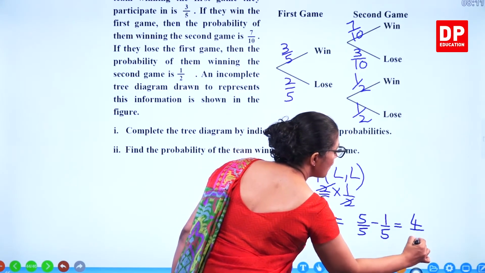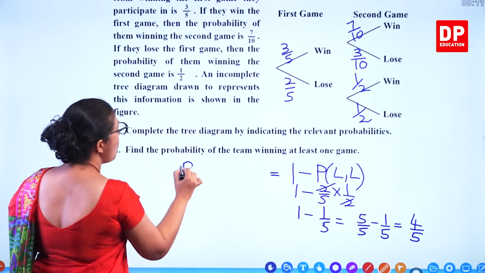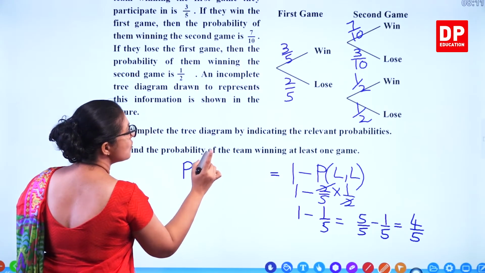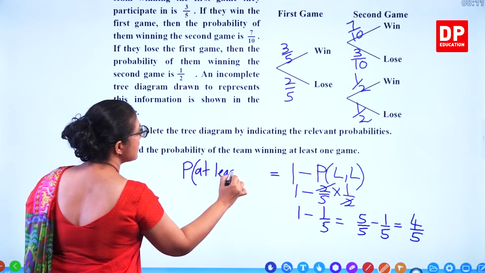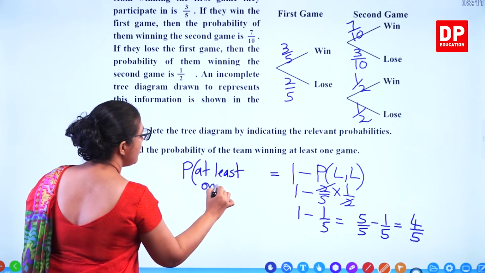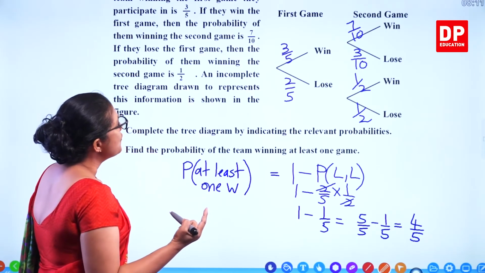You get 4/5. So this is winning at least one game. At least one winning. So 4/5 is the answer.